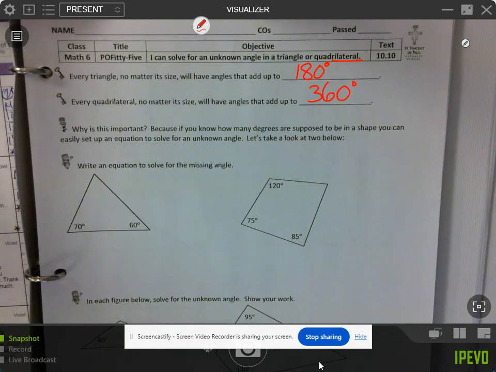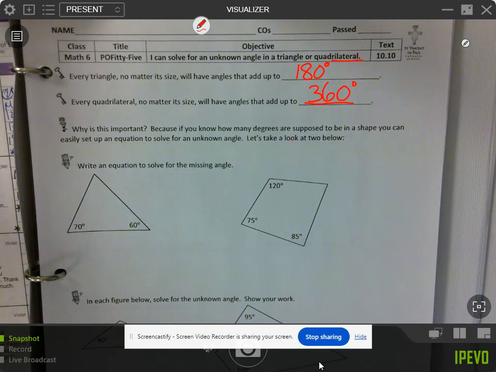Nope. Any quadrilateral shape, I showed you like 5 already. Any quadrilateral shape, you can break into two triangles. That is why every single quadrilateral equals 360 degrees. Just like a triangle is 180 degrees, always. Quadrilaterals are always 360 degrees, because two triangles make up a quadrilateral. Always.